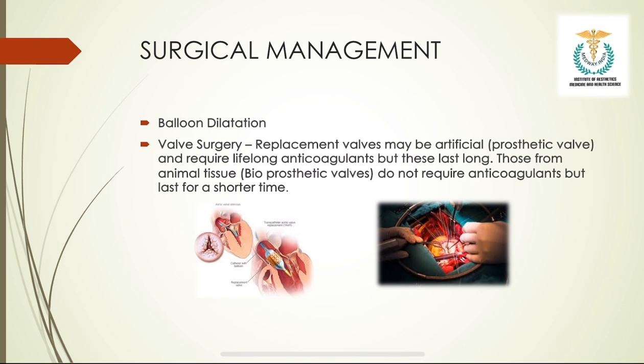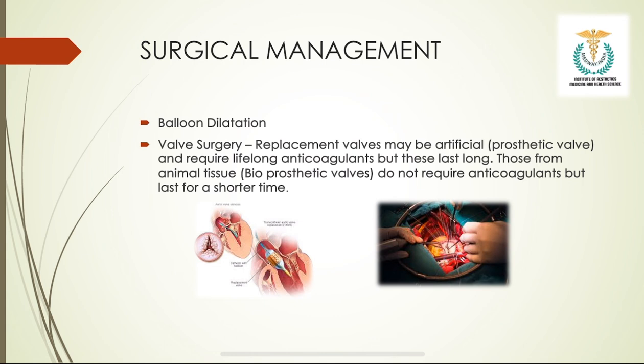Coming to the surgical management, the two main surgical procedures we do in this case are balloon dilatation and valve surgery, that is valve repair or valve replacement. Replacement valves can be artificial, that is a prosthetic valve. A prosthetic valve requires lifelong anticoagulants, but it lasts long. So patients who get surgery with an artificial prosthetic valve have to take anticoagulant tablets for life.